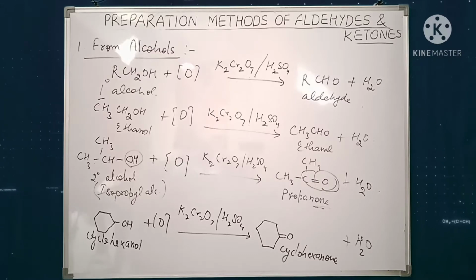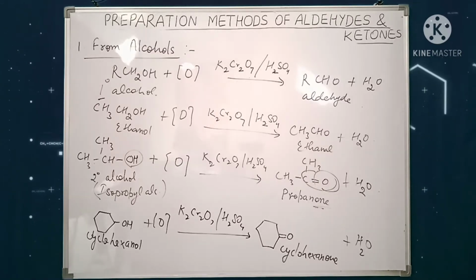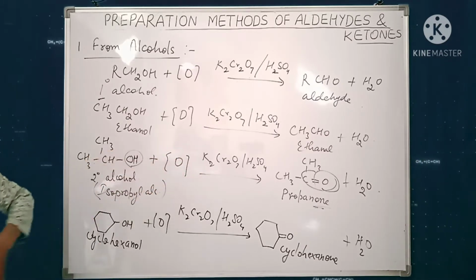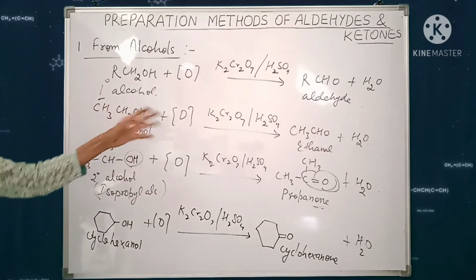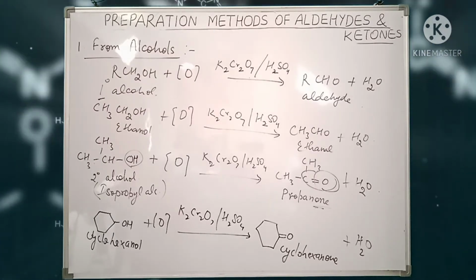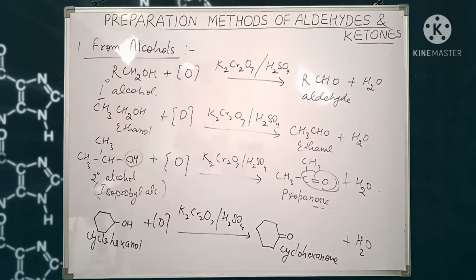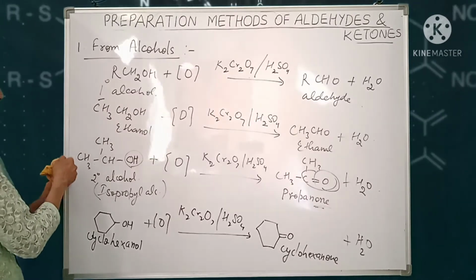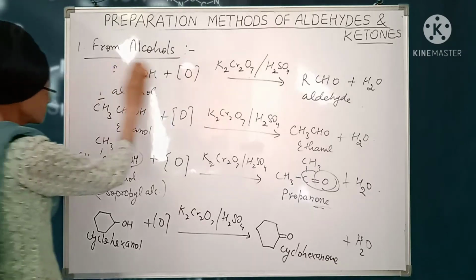So instead of oxidizing agents, we can also use some catalyst to convert alcohols into aldehydes or ketones. Copper can be used as a catalyst, which is called catalytic dehydrogenation of alcohols. So this was oxidation of alcohols.